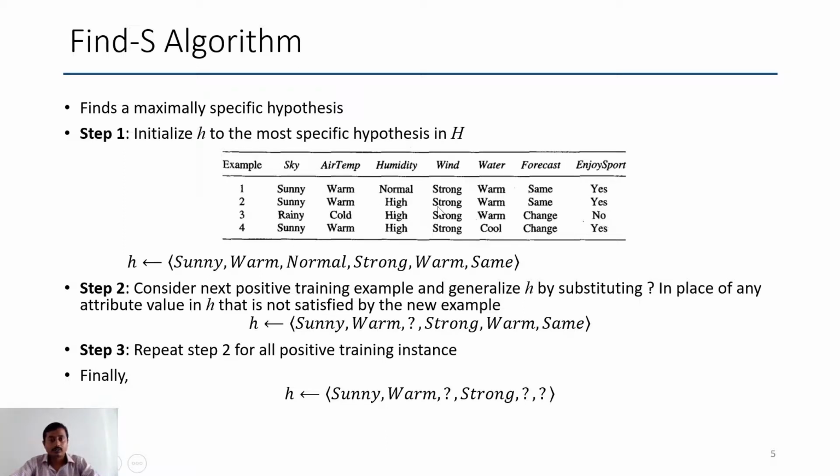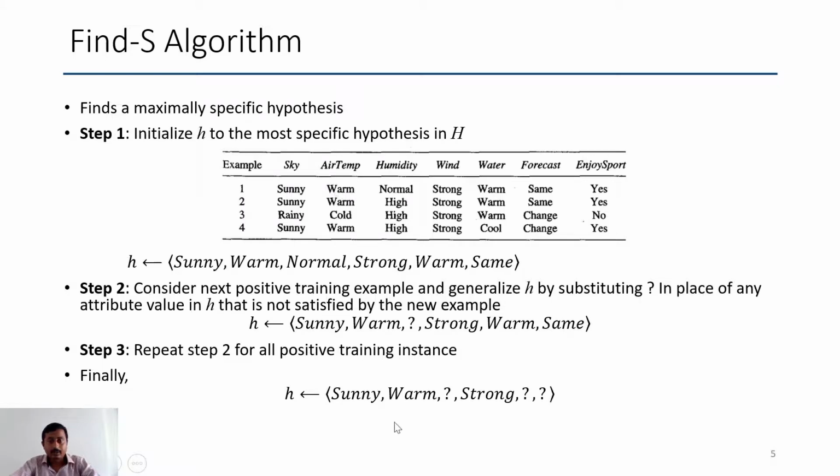For these instances, the Find-S algorithm will return this hypothesis, and let us see whether this hypothesis is satisfied by these instances. In example 1, he will enjoy the sport for these particular values. We have sunny in the place of sky, and in the hypothesis also we have sunny.